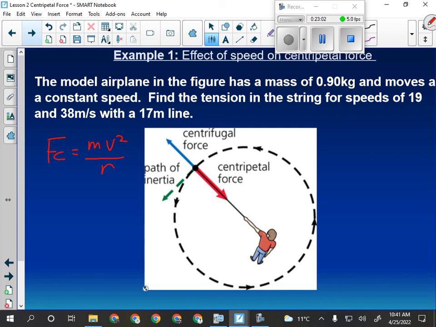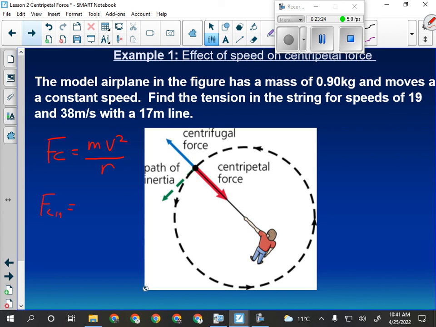Okay, so we're going to look at this one here. We're going to say the mass is 0.9 kilograms, and it's moving at a constant speed. We want to find the centripetal force, the tension in the string, for speeds of 19 and 38 meters per second with a 17-meter long string. Okay, so we'll go FC for 19 meters per second.